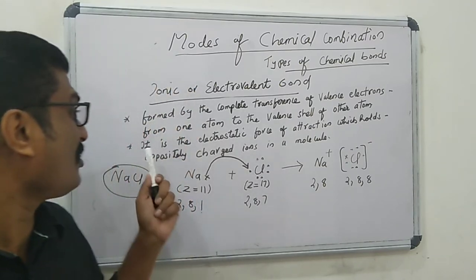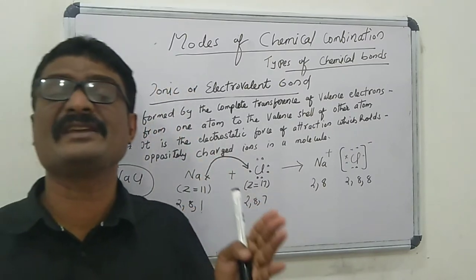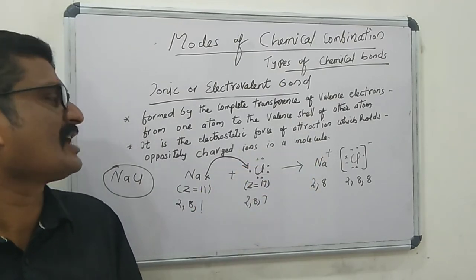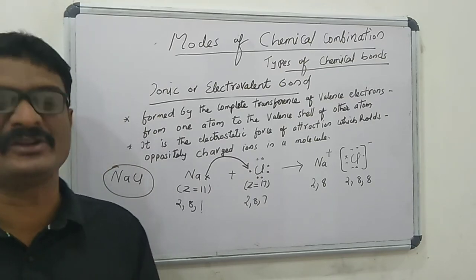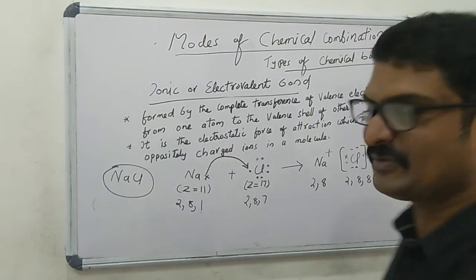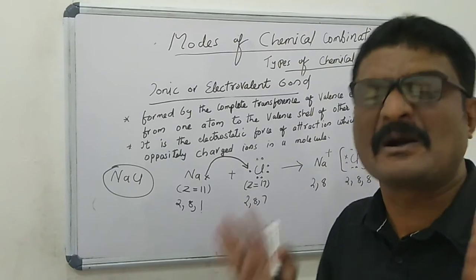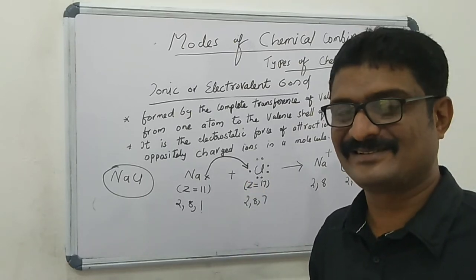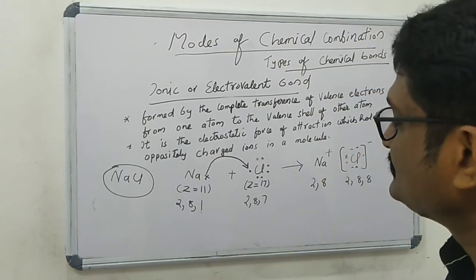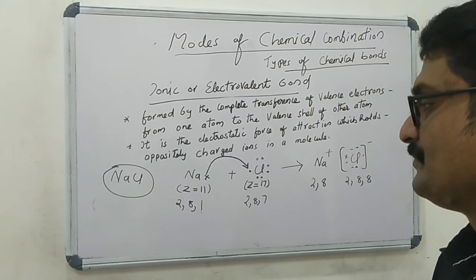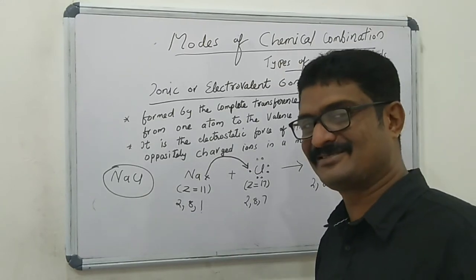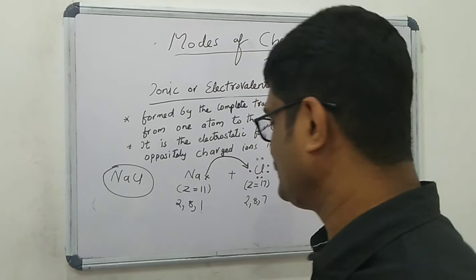Then what is meant by ionic bond? Ionic bond is the electrostatic force of attraction which holds oppositely charged ions together in a molecule. We know valency is the combining capacity of an atom. Here the sodium atom loses one electron during the formation of the ionic bond, and here we use the term electrovalency.